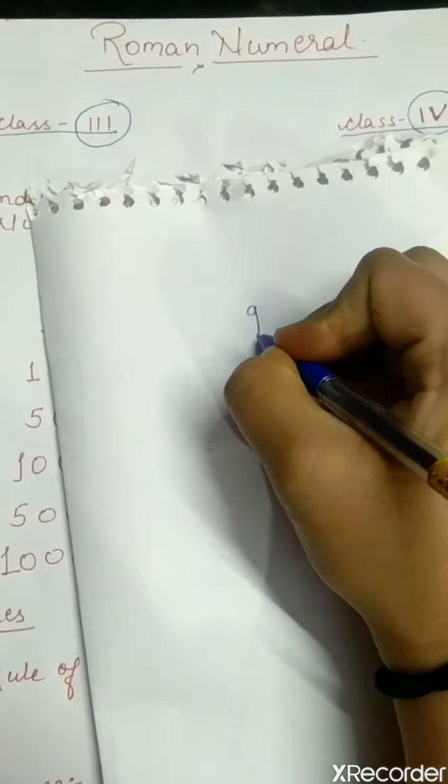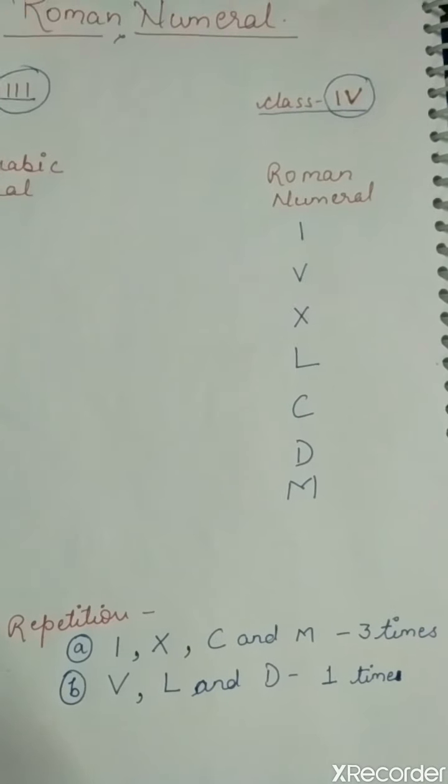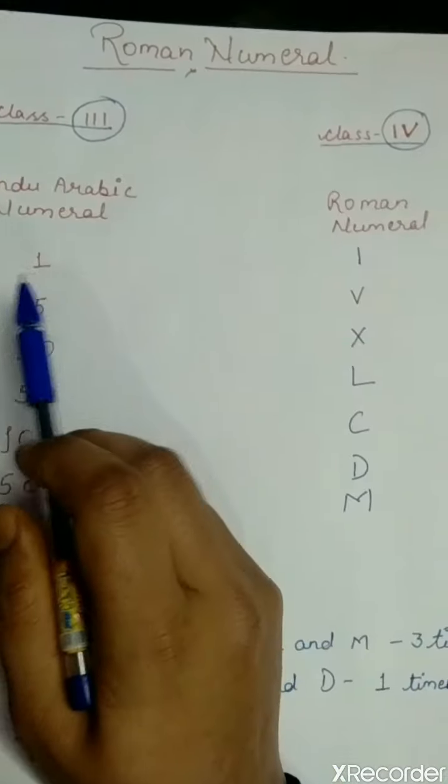And the third one, which we will learn today, is Roman numerals. These are some symbols which we require to learn so that we can write Roman numerals easily.